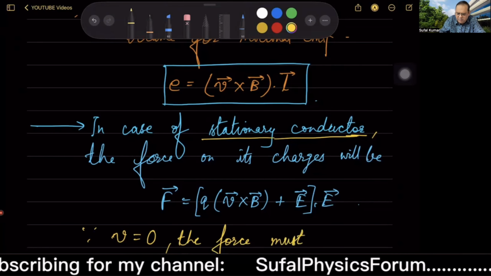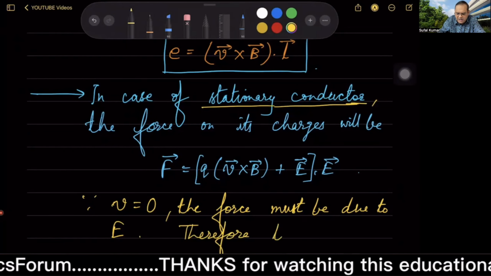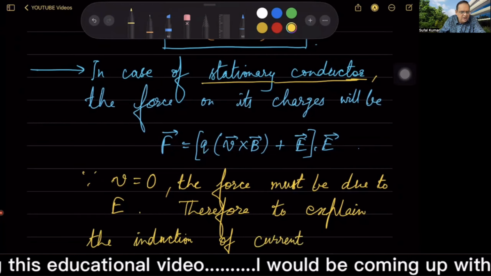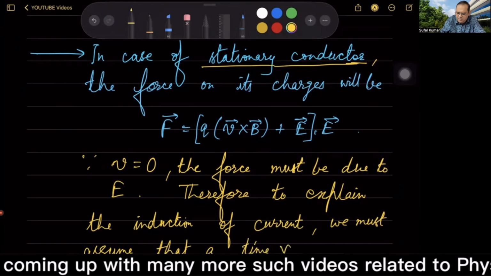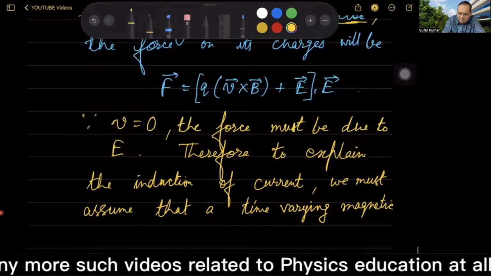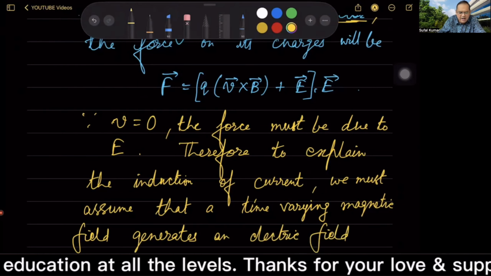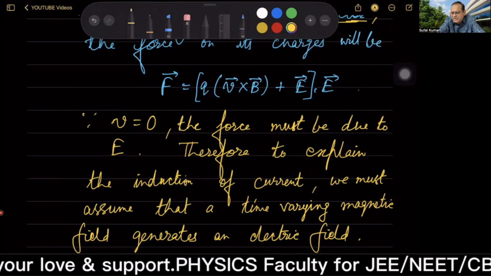The force must be due to E. Therefore, to explain the induction of current, we must assume that a time varying magnetic field generates an electric field.